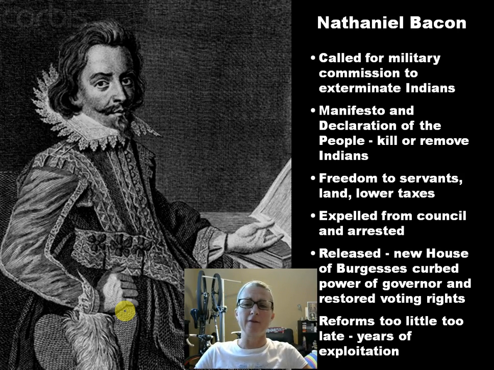He put together a little manifesto that basically is going to state his perceived rights of the indentured servants. And he's the one who's going to really be pushing for that permission to exterminate the Indians. Again, which Berkeley initially is going to sign on to. But there's some other things that Bacon is going to be pushing for. Things like freedom to the servants, land, lower taxes.